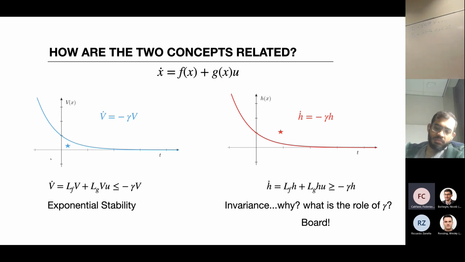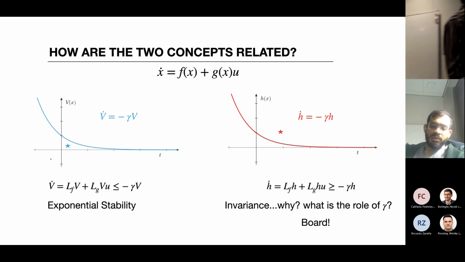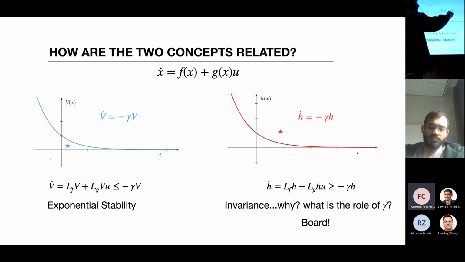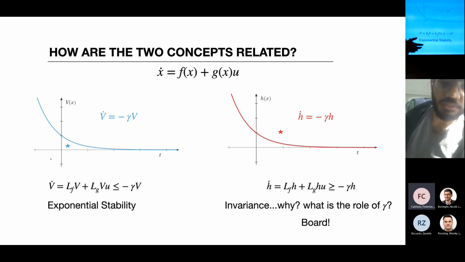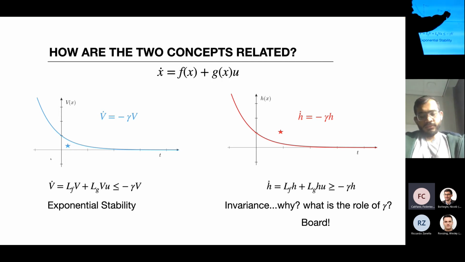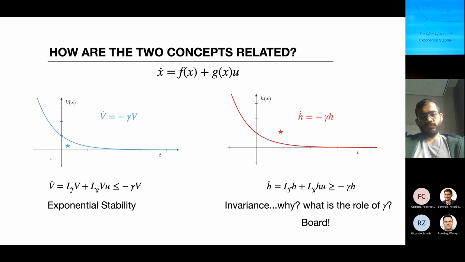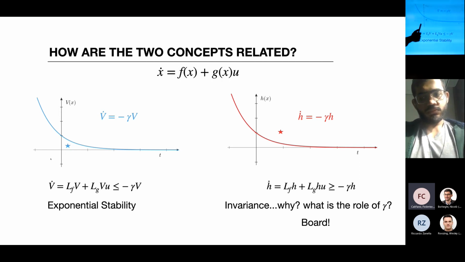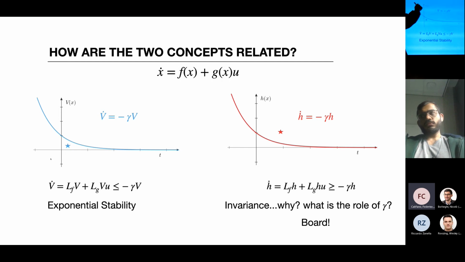Why? Because this is the curve of the evolution of V versus time. In the case of the linear differential equation V dot equal to minus gamma V, we have a first-order differential equation, and we know that the time evolution of V is this blue line.